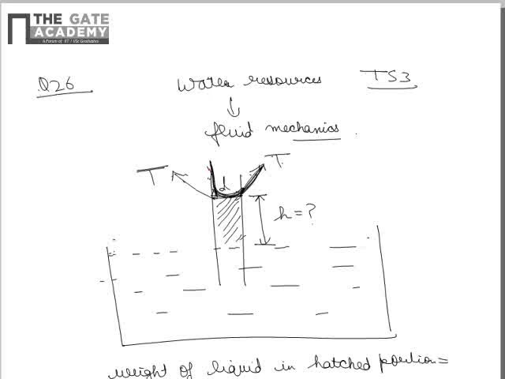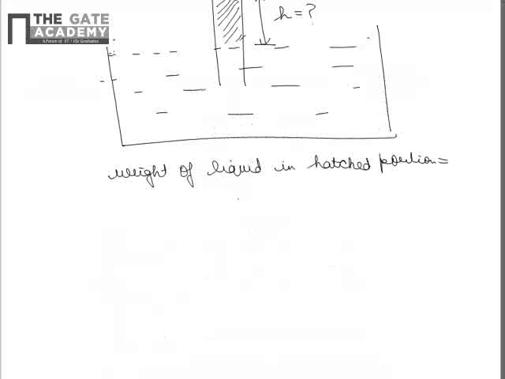So the vertical component of T should balance this weight of liquid, so this should be equal to the cos component of surface tension.